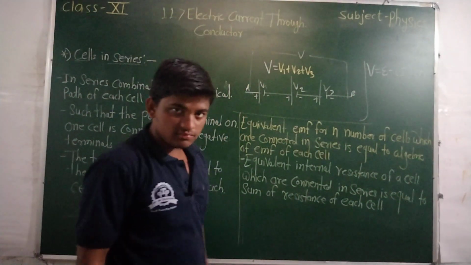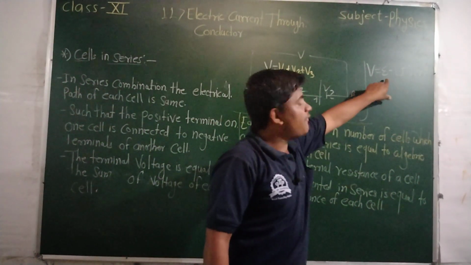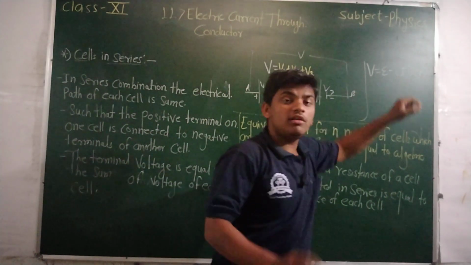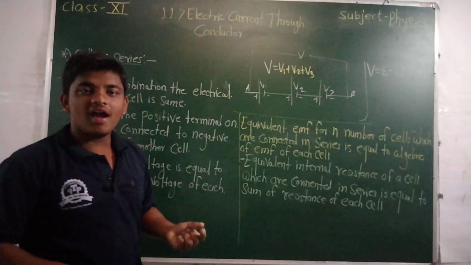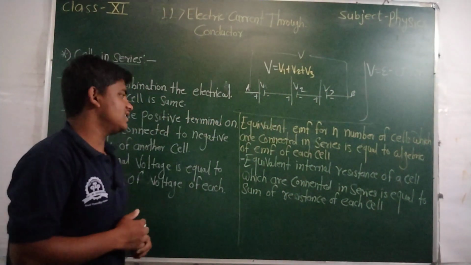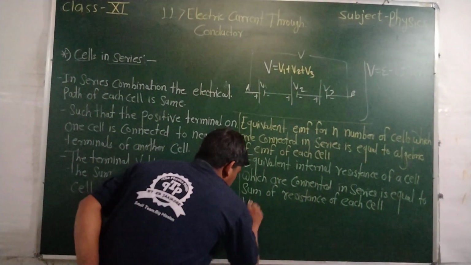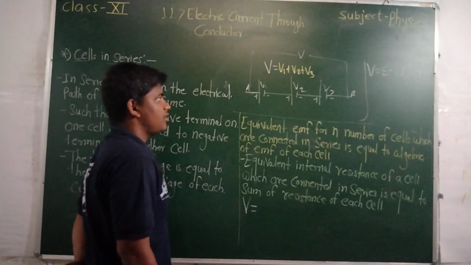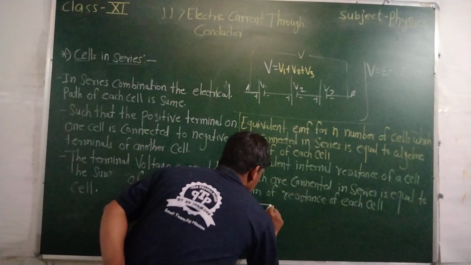OK, we find the equivalent or terminal voltage, we find the equivalent EMF, current will be same for all cells when they are connected in a series, and we also find the internal resistance. Then the total voltage, or terminal voltage, is equal to the sum of individuals.